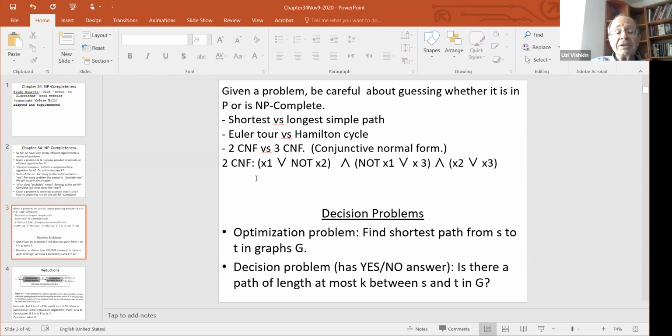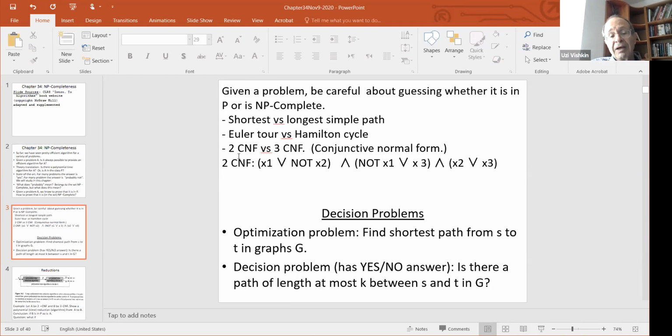Now, the point is that by looking at it in this way, where the answer is going to be a yes-no answer, you move the problem from an optimization problem, find shortest path, to a decision problem, because in a decision problem, the answer is a yes or no. So when it's a yes, no answer, it's a decision problem.